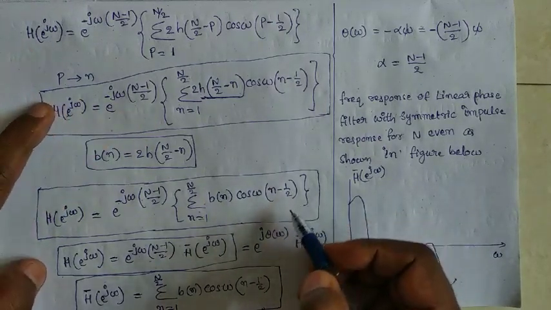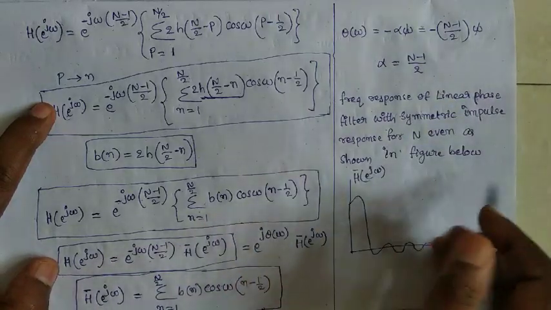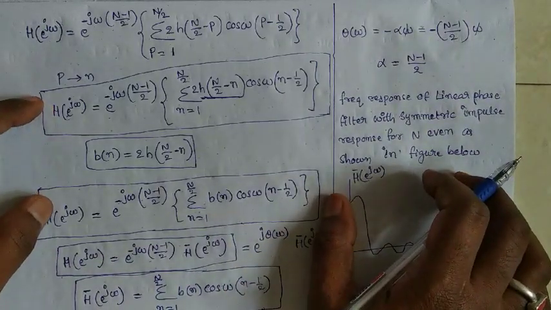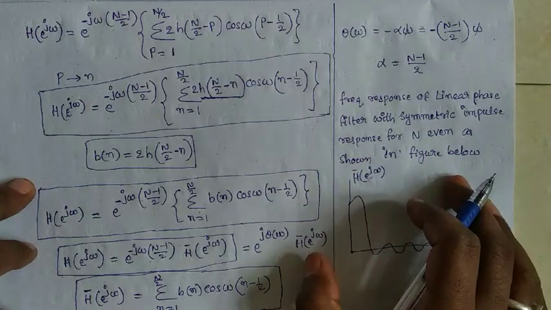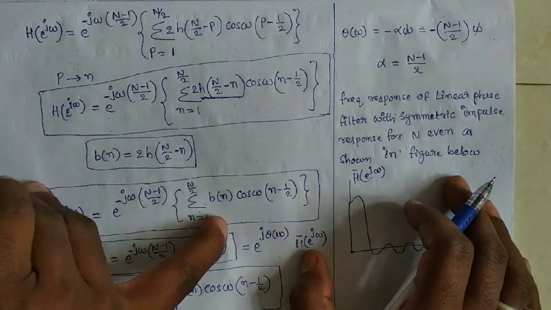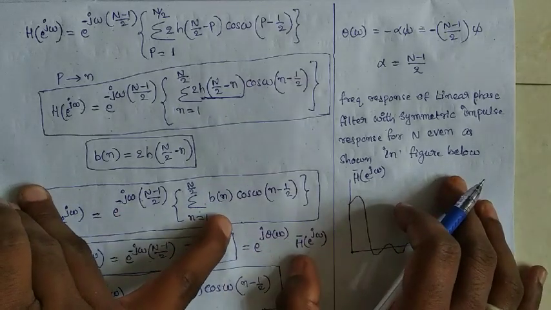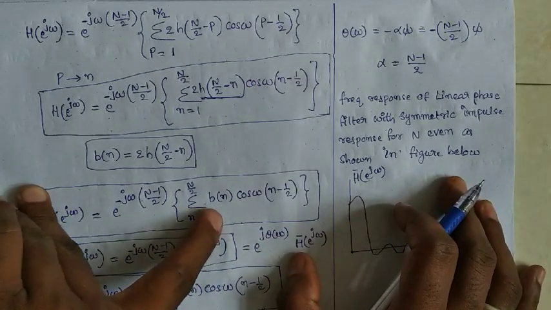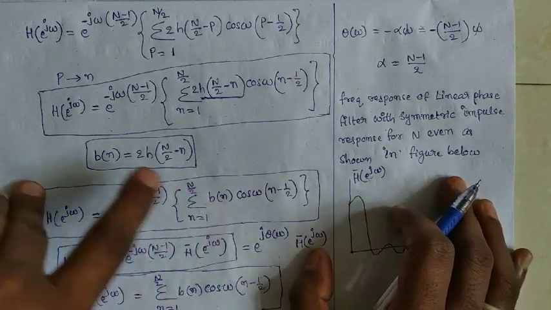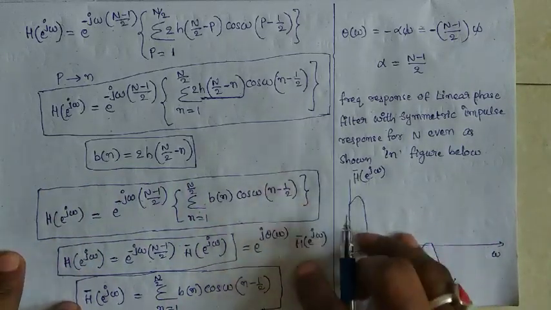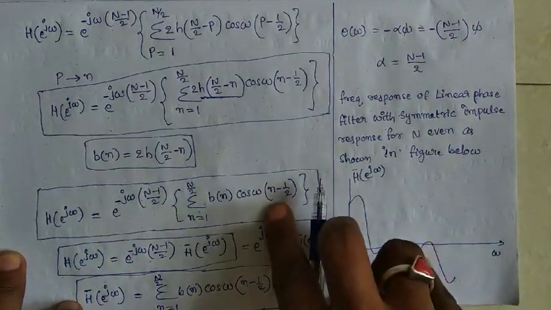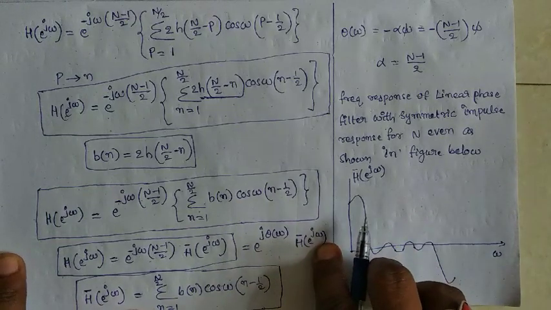Here we are expressing this h of e power j omega in terms of h bar of e power j omega into e power j theta of omega. What is h bar of e power j omega?